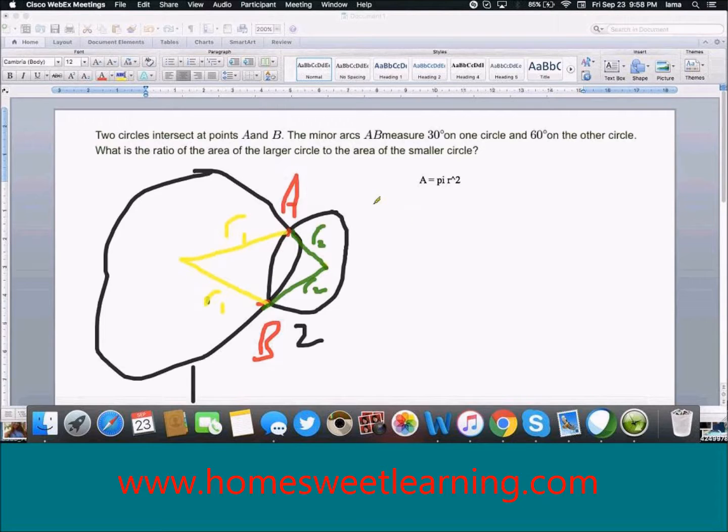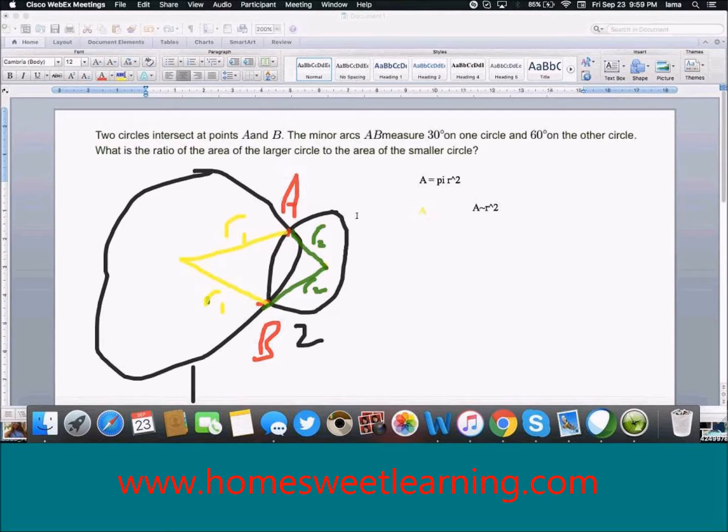Okay, so in order to compare the areas between the two circles, we only need to compare the radii between the two circles because the pi's are the same. So we know that area is directly proportional to the radius of the circle squared.